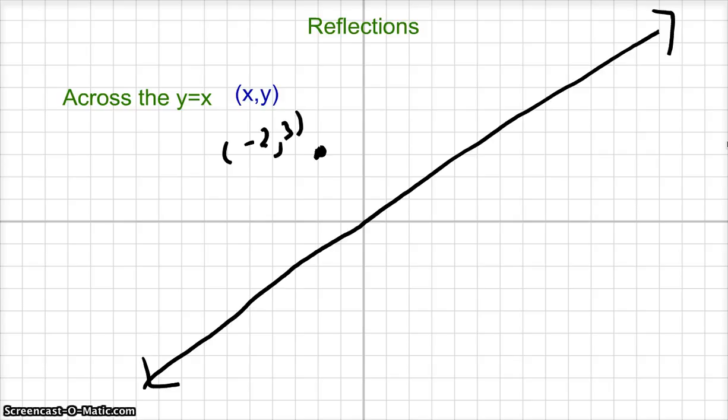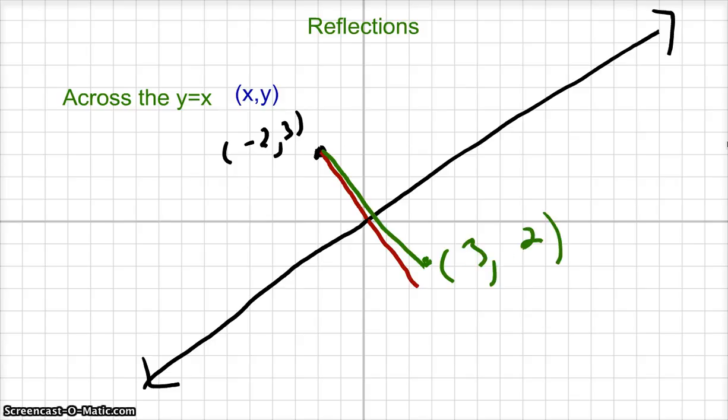You would have to do a perpendicular distance away, from here to here, from y equals x. And then you have to do the same thing over here. It would actually be here. It's hard to do when your line isn't perfectly straight. It would be 3, negative 2.